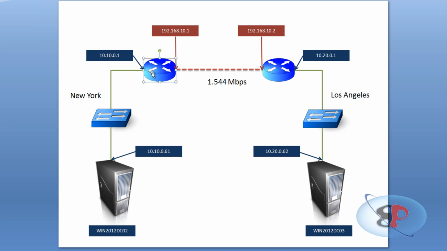When your server reaches your router asking for 10.20.0.62, which is basically pinging from the 10.10 series to the 10.20 series, your router should know that to reach 10.20.0.62, it has to forward the packet to this router, which is 192.160.10.2, and this router will take care of forwarding it. So you will have to add a static route.